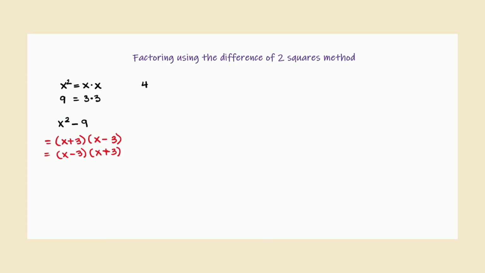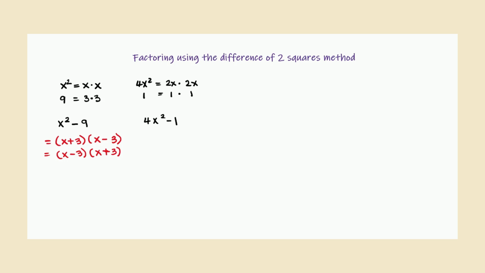Sometimes your difference of two squares can look a little different. For example, 4x squared minus 1. Now it's really important to note that this example is also a difference of two squares. 4x squared is a square. It is 2x times 2x. And also 1 is a square. It is 1 times 1.